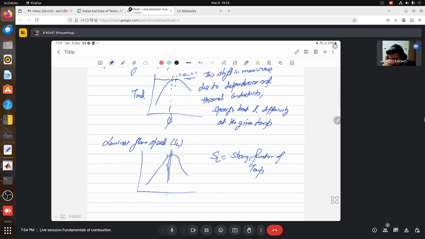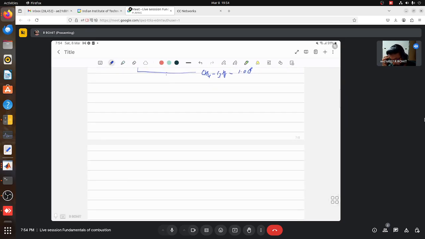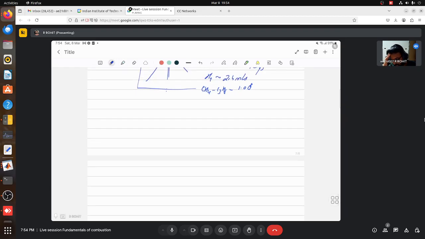For normal hydrogen, it is close to 2.4 meter per second, whereas for hydrocarbons CH4 and C3H8, the maximum comes close to 1.08 equivalence ratio. And for hydrogen, the laminar flame speed is maximum at close to 1.8 equivalence ratio, and the adiabatic temperature will be maximum at close to 1.07.